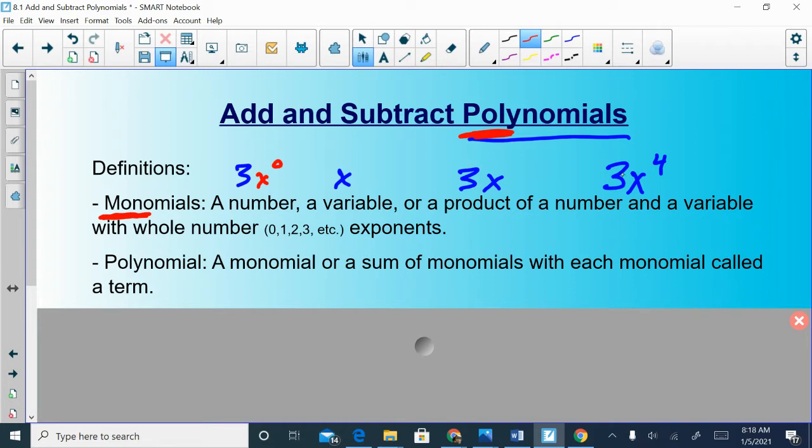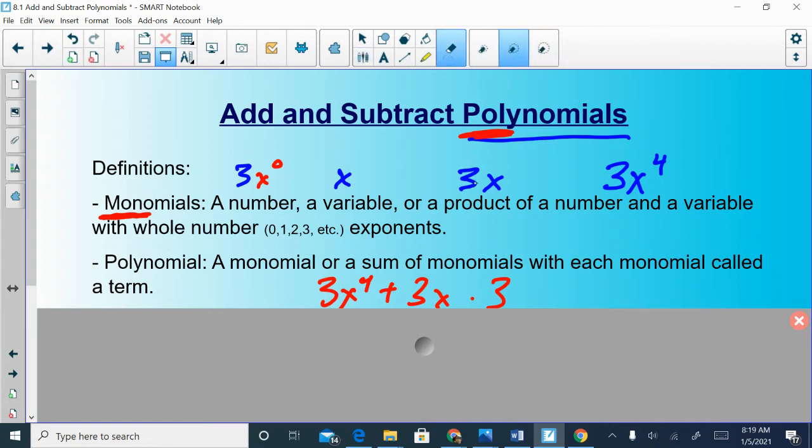And then if we have a bunch of these added up, let's say we were adding all of these up, that would look like 3x to the fourth because we like their exponents to be in decreasing order. So that'd be 3x to the fourth plus, we'll say 3x plus 3. Okay, this is an example of a polynomial. This is a monomial, this is a monomial, and this is a monomial. And we are going to be adding these together, or we could be subtracting them as well. It could be -3. This would be another example of a polynomial.